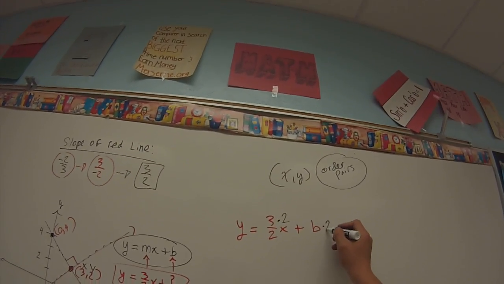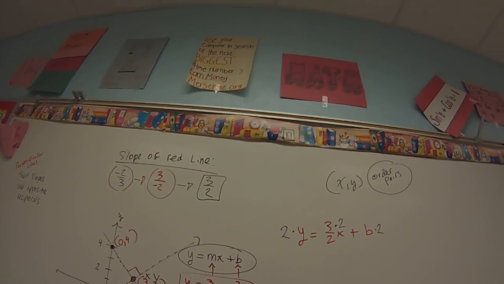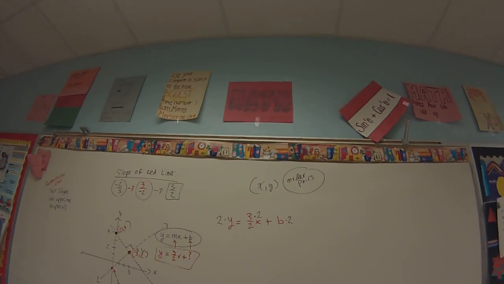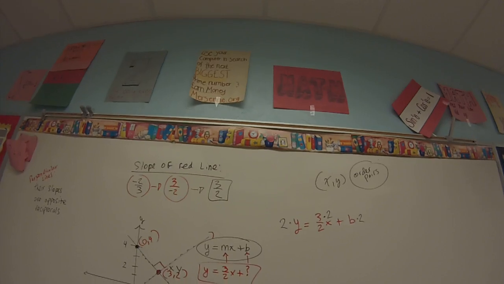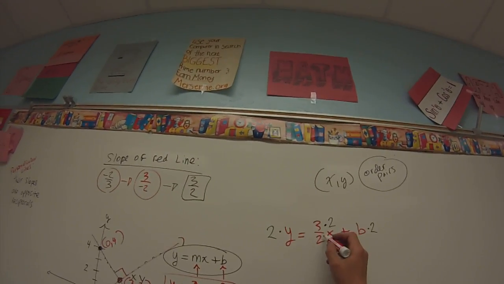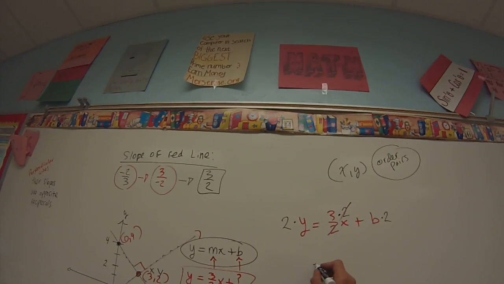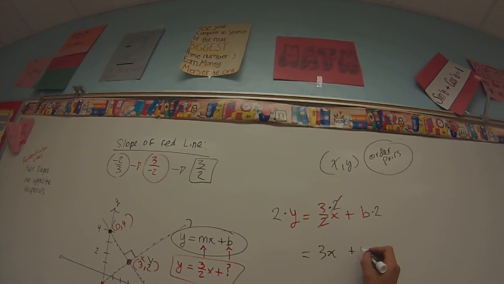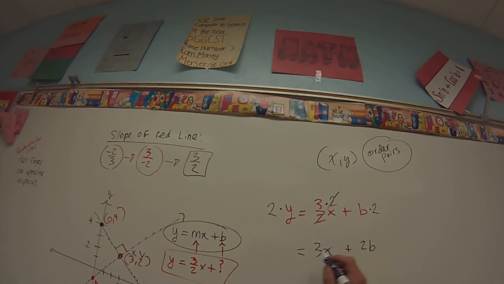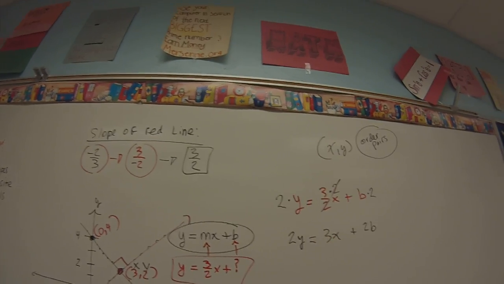Times 2, times 2, times 2. Because that's the denominator, right? 2. So I want to get rid of it to make things easier for me when I'm working with this equation. So this 2 cancels out with the 2 on the bottom. That's a property of algebra. And that will leave me without a denominator. B times 2 is 2b, and 2 times y is 2y.